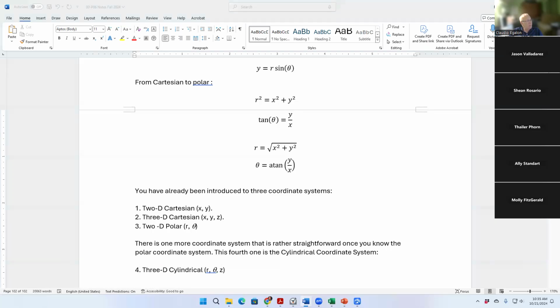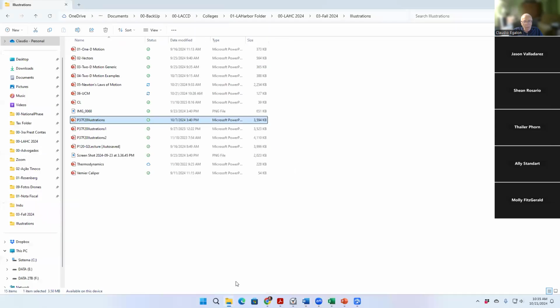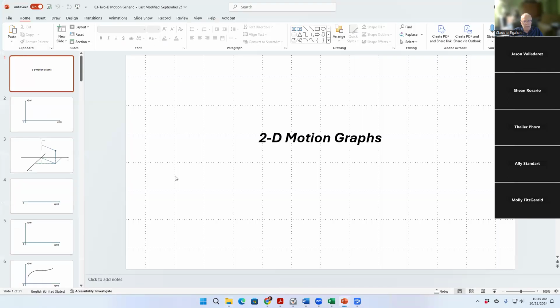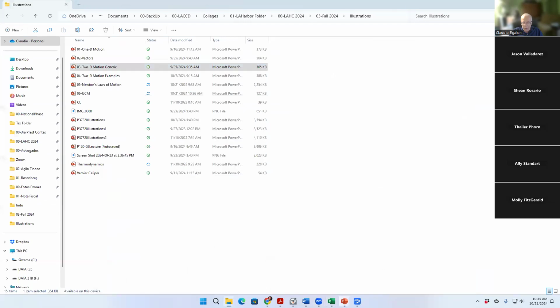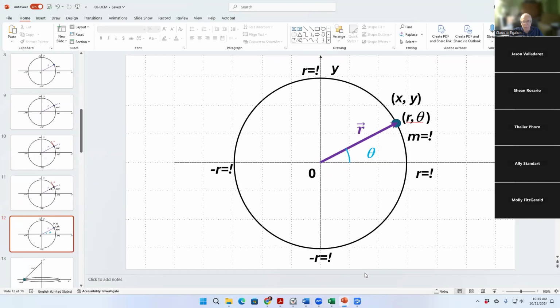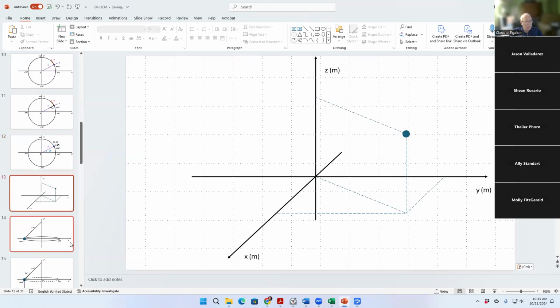Can you picture them all? Let me draw them for you. Oh yeah, here you go. That's the one I want. Going back to the previous one, 3D, right? 3D coordinate system.